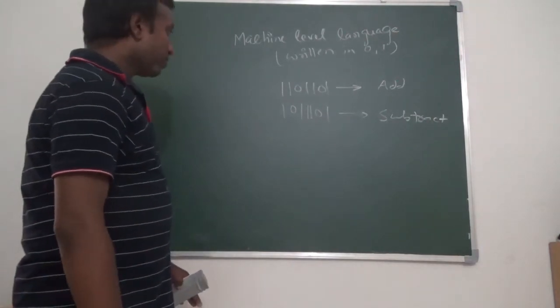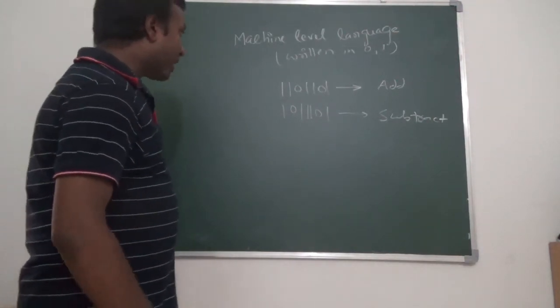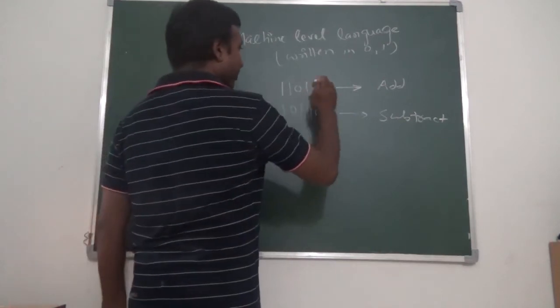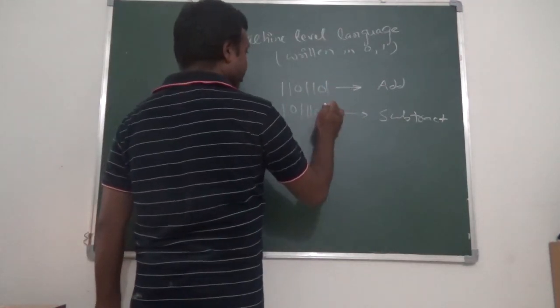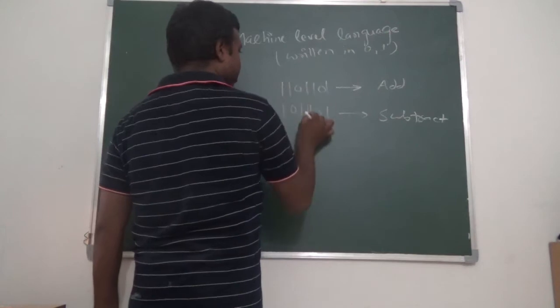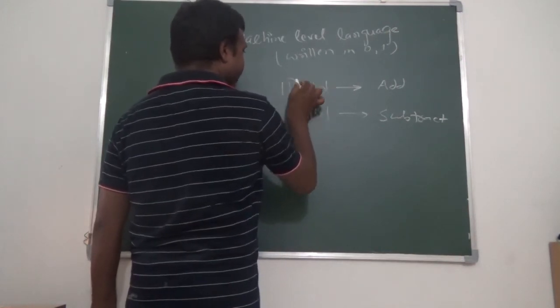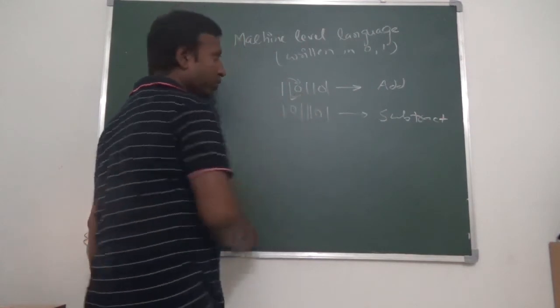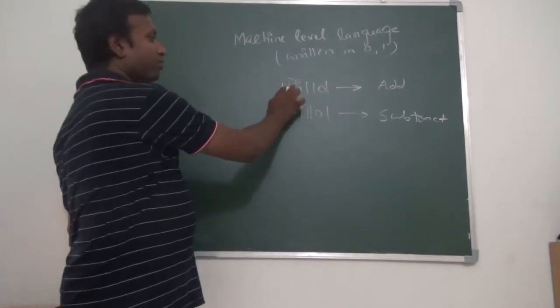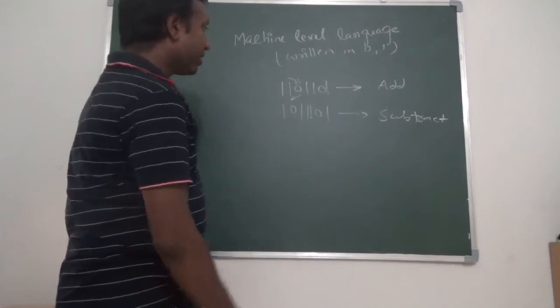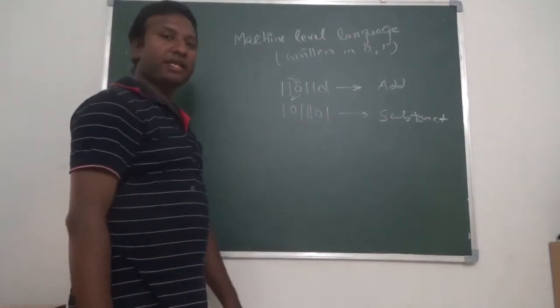So what will happen here, if we analyze these two instructions, is that they vary only at this point. If we swap out these two numbers, then we get this one, right?